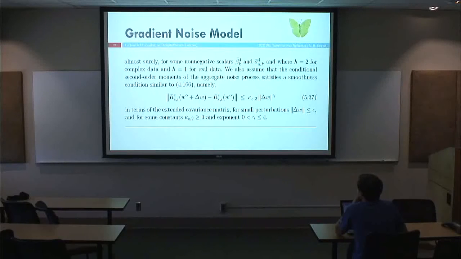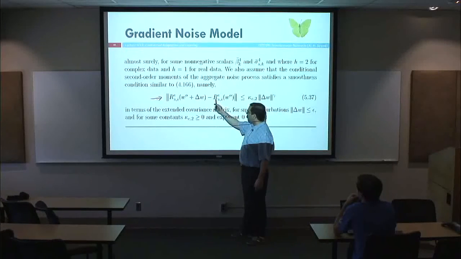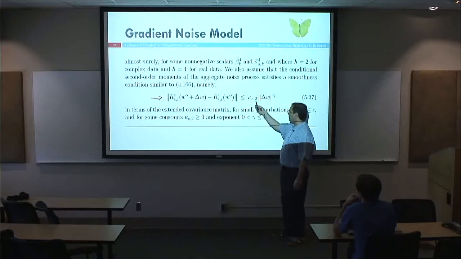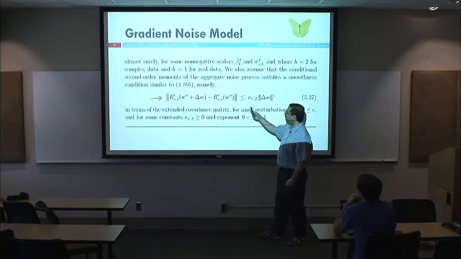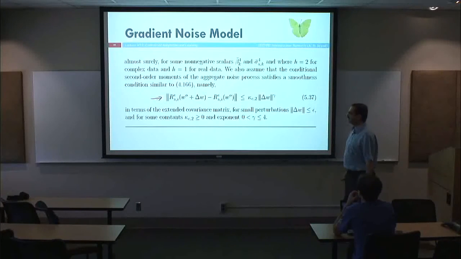Now, if you do this, because we needed this assumption that the gradient noises, right? So this is the covariance of the gradient noise. There is no k here, so this is the global, right? It has to satisfy a Lipschitz condition. If you remember, for the stochastic gradient algorithm, we require a condition like this on the covariance matrix of the gradient noise.